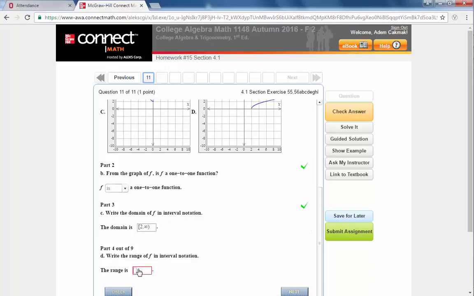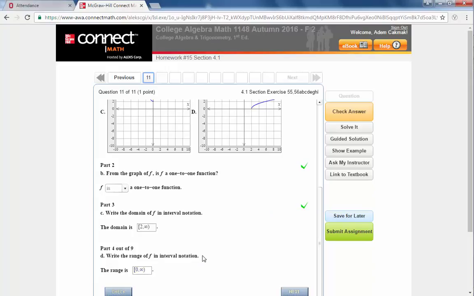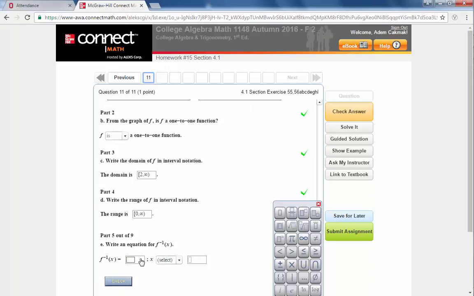Range of F was 0 to infinity. Alright, we found F inverse as x squared plus 2.